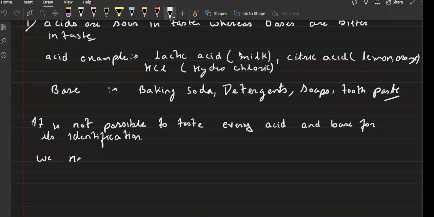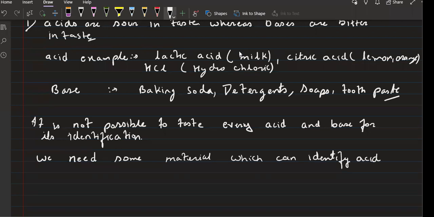So we need some material which can identify acids and bases.